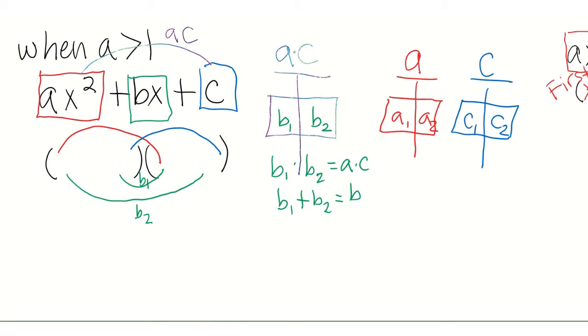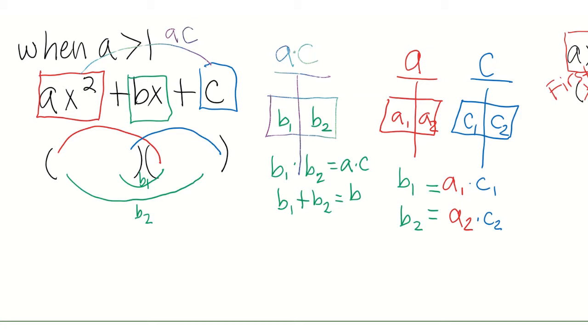When we multiply these together, we want to end up with B1 and B2. So when I take one factor of A and multiply it by a factor of C, that's going to give me my B1 and B2.